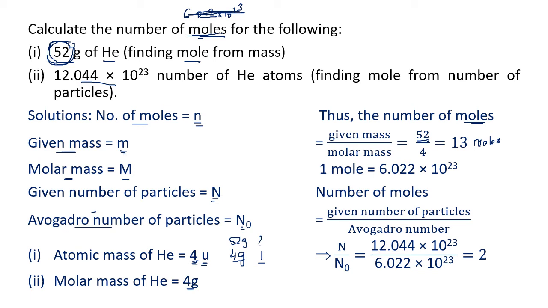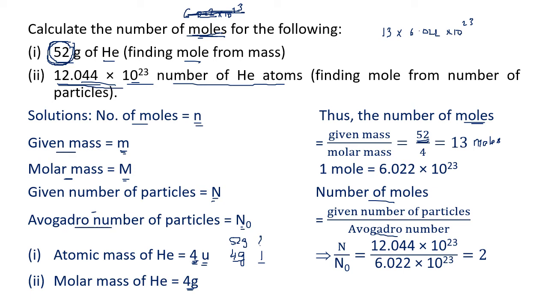And what are 13 moles? 13 moles means 13 into 6.022 into 10 raised to 23 atoms. That is 12.044 into 10 raised to 23 number of helium atoms. Now we are given this many number of helium atoms. We have to find the number of moles from this. So here the number of moles will be what? The given number of particles divided by Avogadro's number.